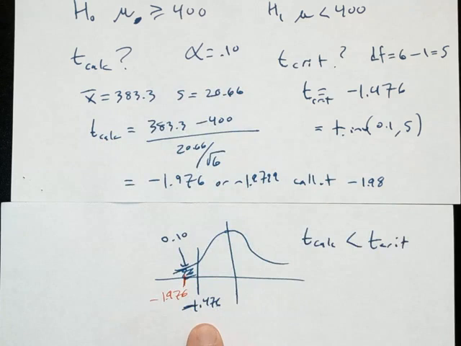And that is smaller than my cutoff value. If it's beyond this number, you've gone too far. I don't have faith in the average being 400. I think that tells me that I'm wrong, that the average really isn't 400. So I reject the null hypothesis.